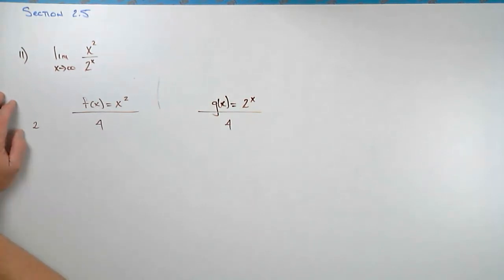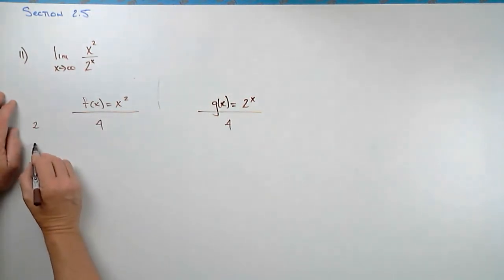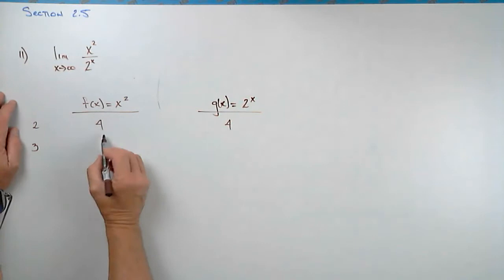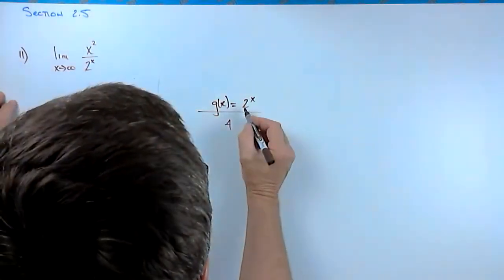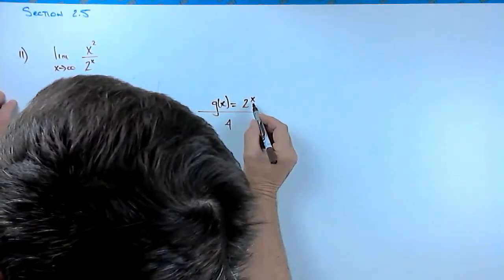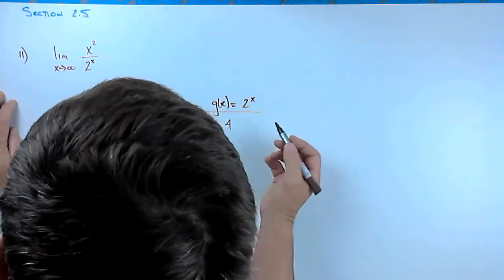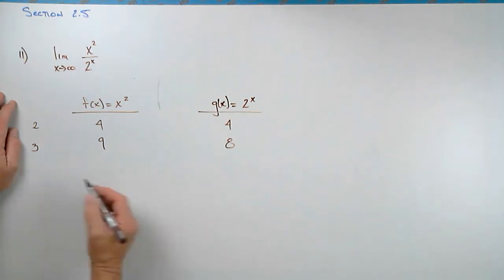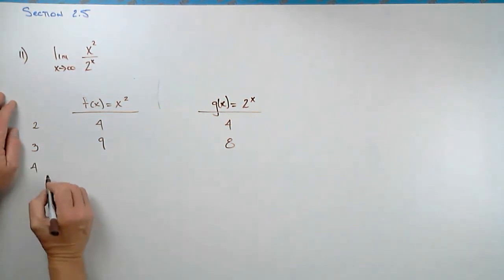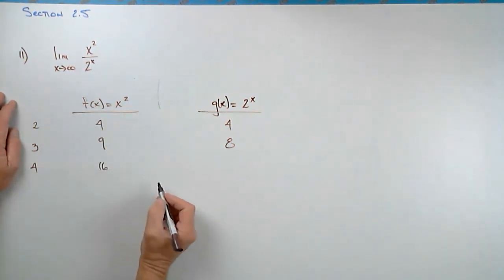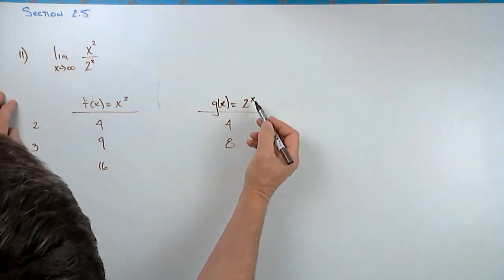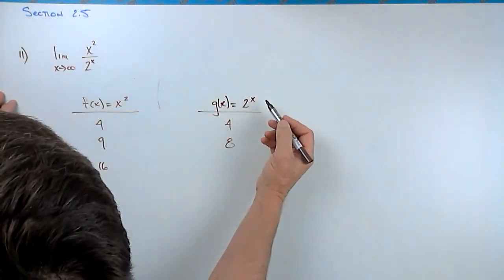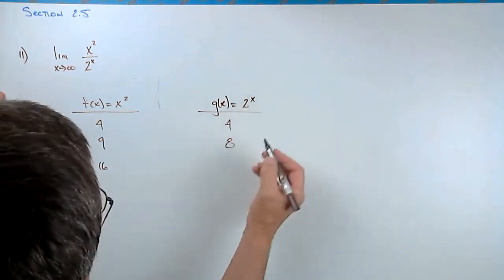Now they want us to plug in a bunch of numbers over here. So we'll plug in 3. 3 squared is 9. 2 to the third is 2 times 2 times 2, that's 8. What about 4? 4 squared is 16. 2 to the fourth is 2 times 2, 4 times 2, 8 times 2, 16.